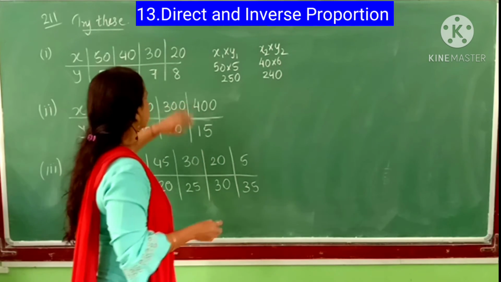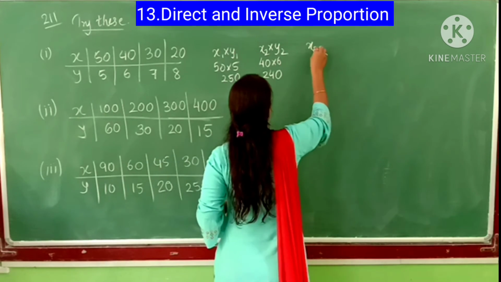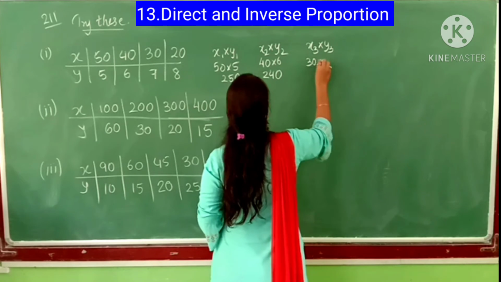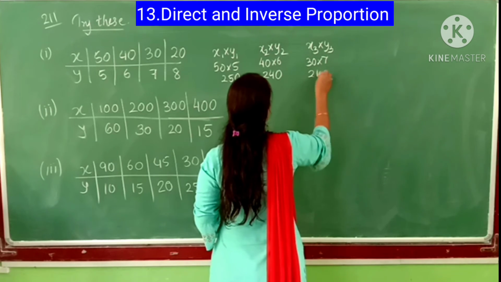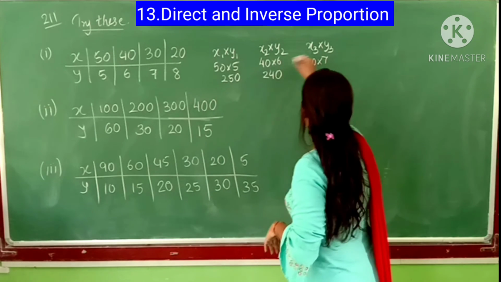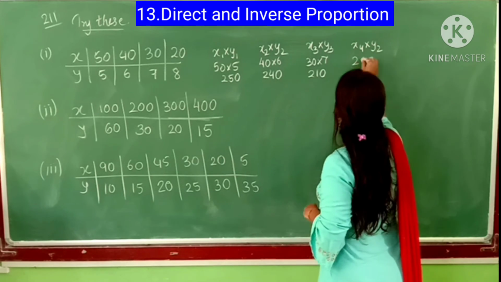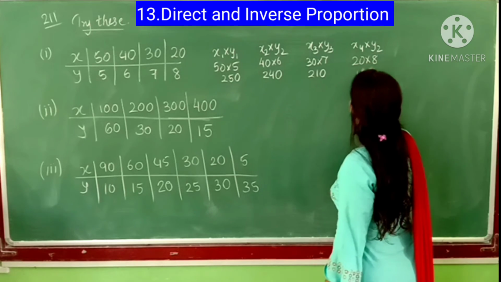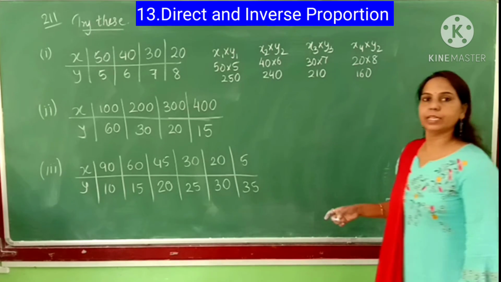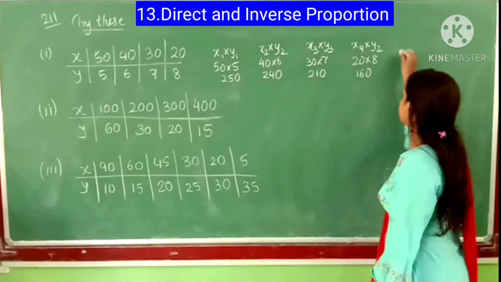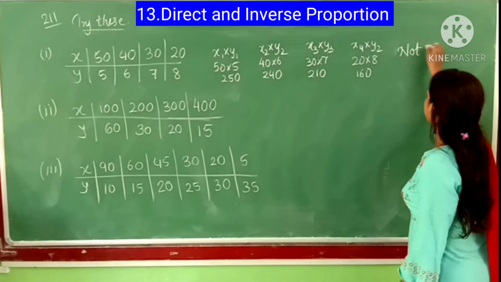Next, x3 into y3 is 30 into 7, so it comes to 210. Next, x4 into y4 is 20 into 8, that comes to 160. Here you can see that the value differs. So we can say it is not an inverse proportion.